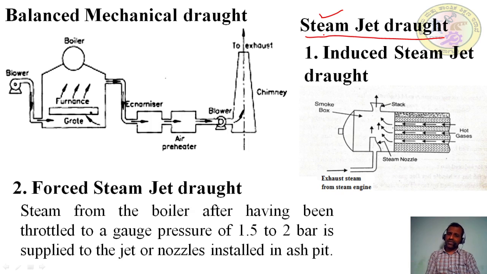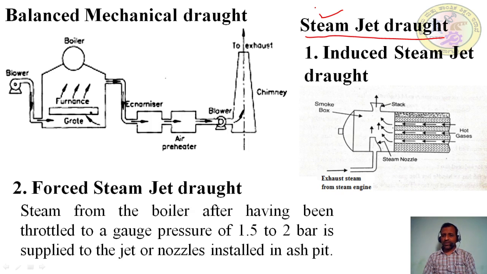The same steam you can use for generating the draught, which is why it is called steam jet draught. The steam available in the boiler, you can pass through a steam nozzle.